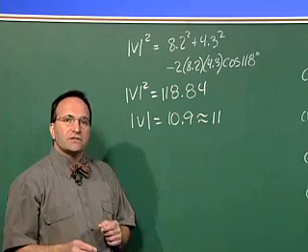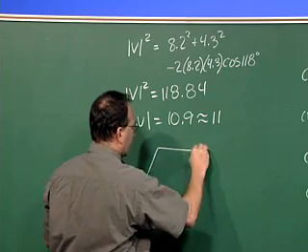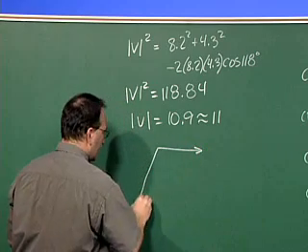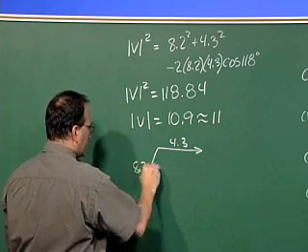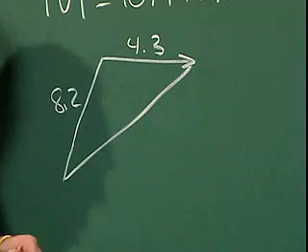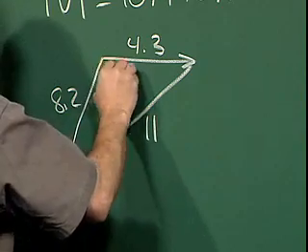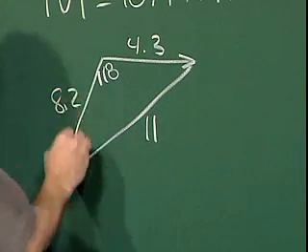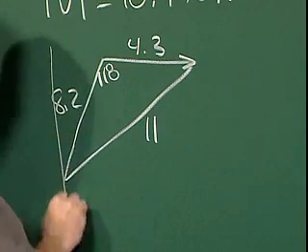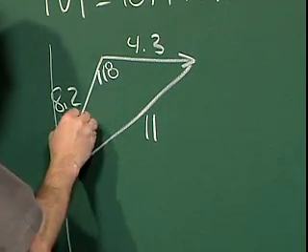What we're interested in, actually, let me draw the picture of what we have going on here now. 4.3, this was my 8.2. We just calculated this to be 11, and we know this is 118 degrees inside of here, and originally this angle inside here is 28 degrees.